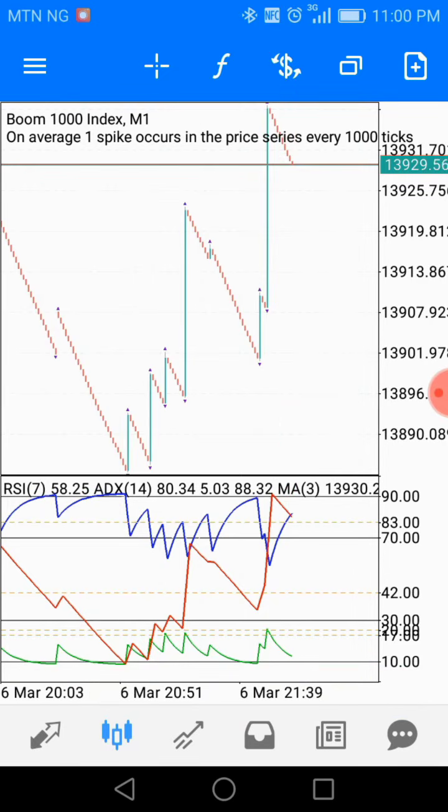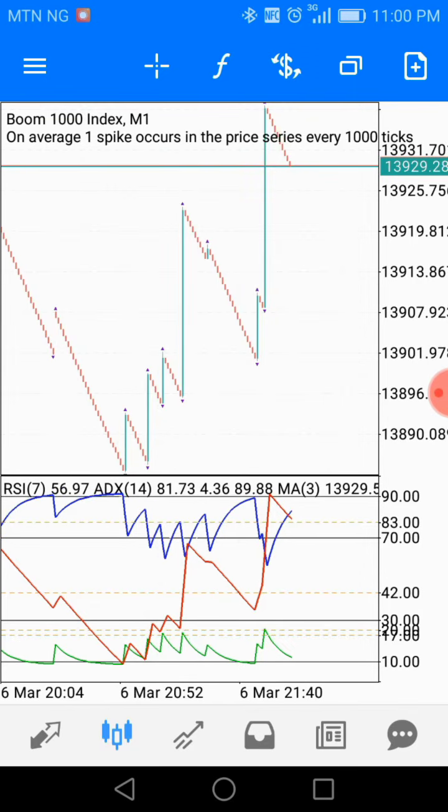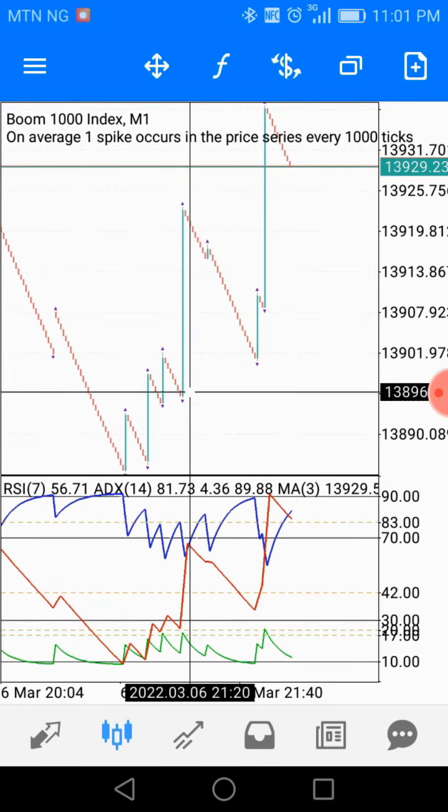That's going to be your chart position. So this is a very powerful strategy, and you can have between 17 to 22 entries per day on boom market alone. And of course, you're going to have the same for crash.